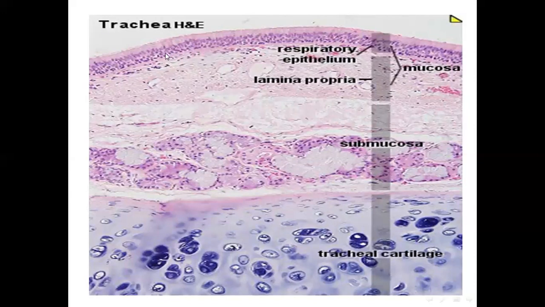This is the respiratory epithelium of the trachea, which has the 6 types of cells. As for the goblet cells, they constitute about 30% of the total cell population of the respiratory epithelium, and their function is to produce mucin, or mucinogen. Okay.